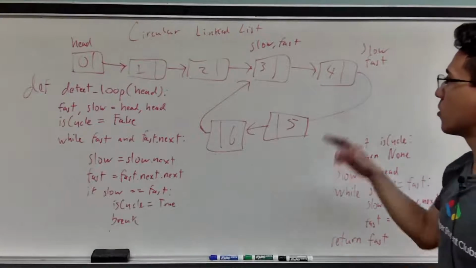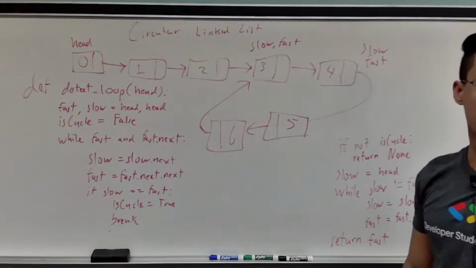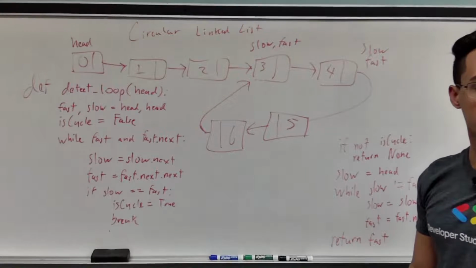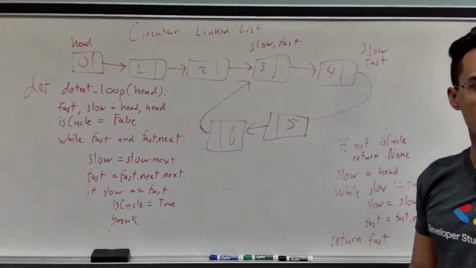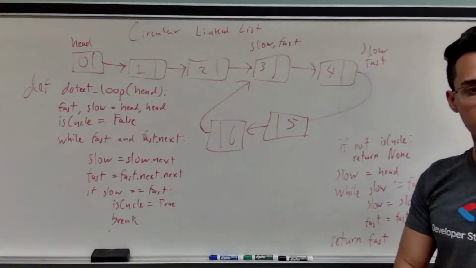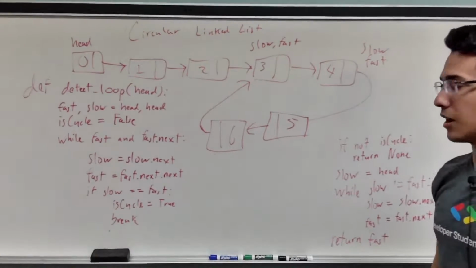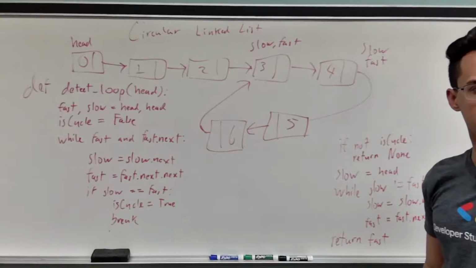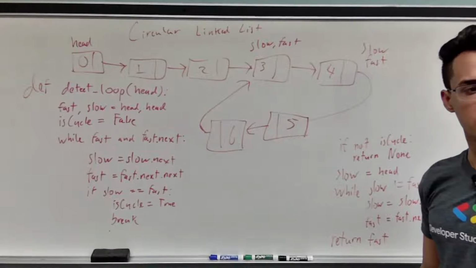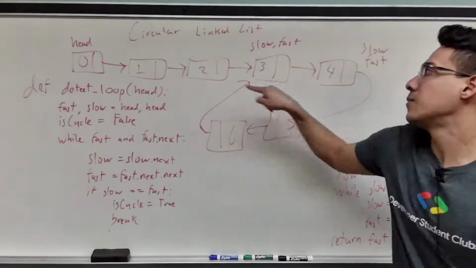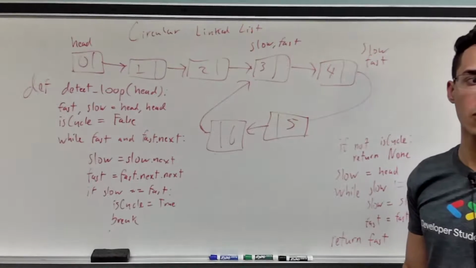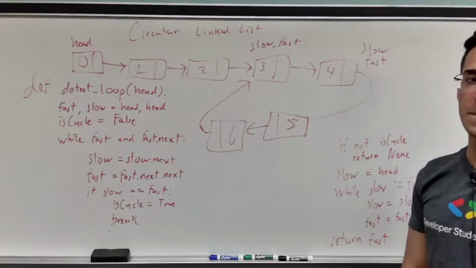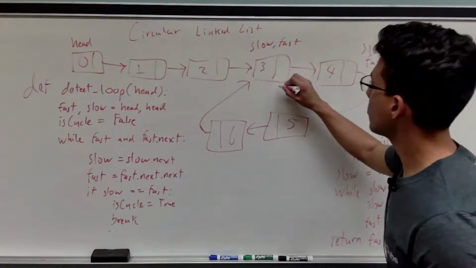So what determines where they meet up? Where they're both equal to each other, here in this case is 4. The remaining nodes in the cycle is equal to the nodes they take from head to the beginning of the cycle. Yeah, exactly. But how can we confirm that math? Okay, let's say we zero index.